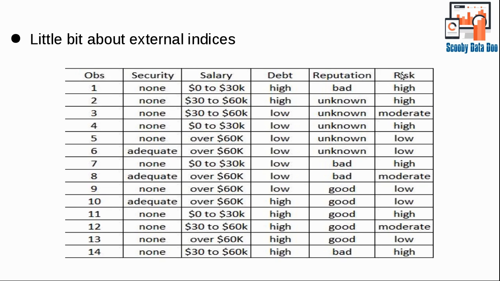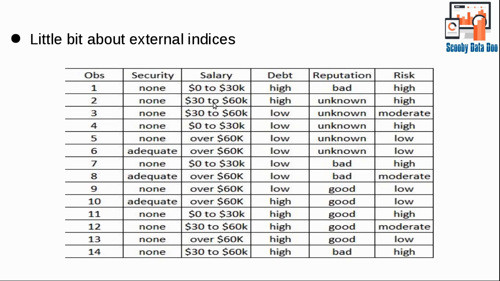So the class label or target variable is this variable. In supervised learning we want to predict the value of this variable. Yeah, and definitely this value is dependent on the other independent attributes. Yeah, so note that we have 3 kinds of values here: high, low, and moderate.